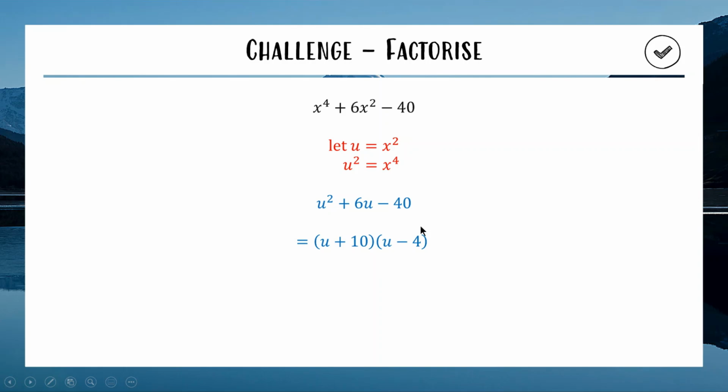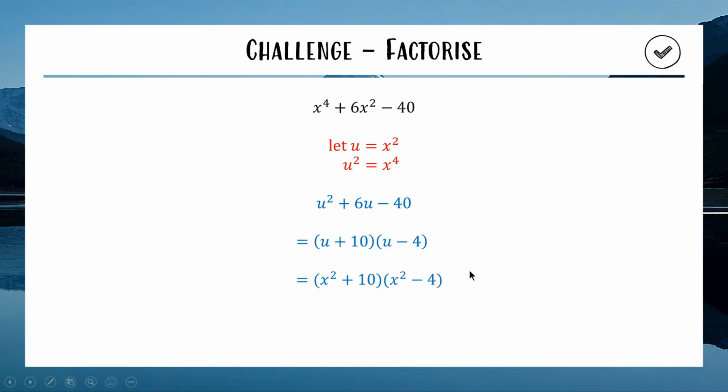Now that we're factorized, we're going to resubstitute the fact that this placeholder of u is actually meaning an x squared. So we're going to change this u and this u back to an x squared because the original question was factorize this, not factorize this. So now we have x squared plus 10 and x squared take away 4.